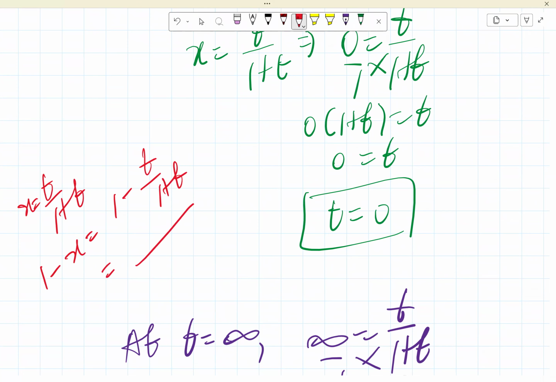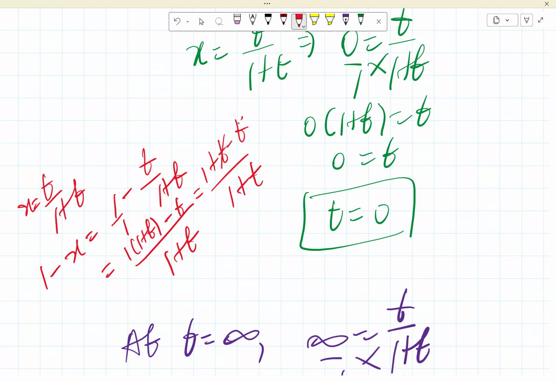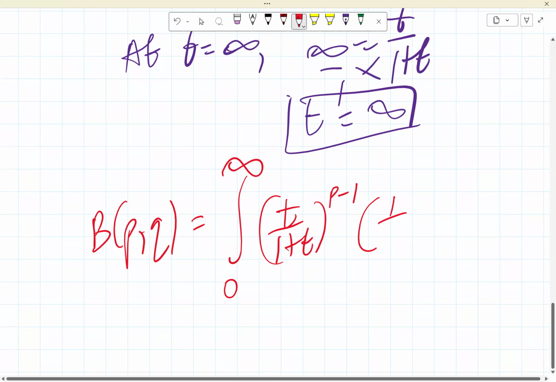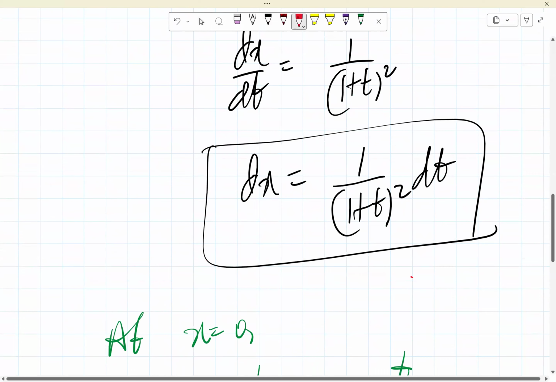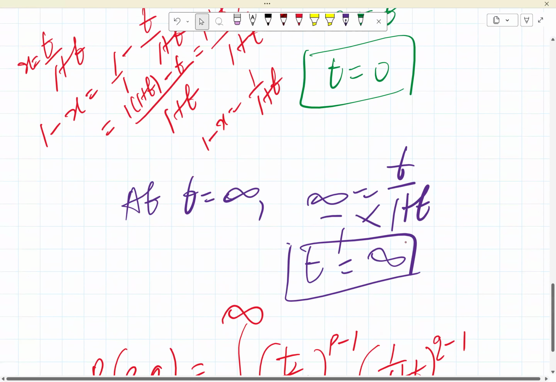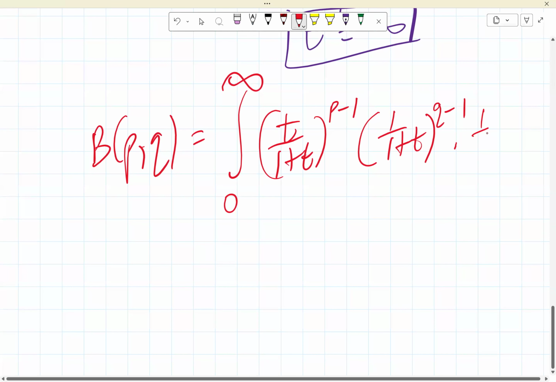The LCM is 1 plus t, so this is 1 into 1 plus t minus t all over 1 plus t. This cancels out, so 1 minus x is 1 over 1 plus t. So now we have 1 over 1 plus t raised by q minus 1. And for dx, we have 1 over 1 plus t all squared dt.